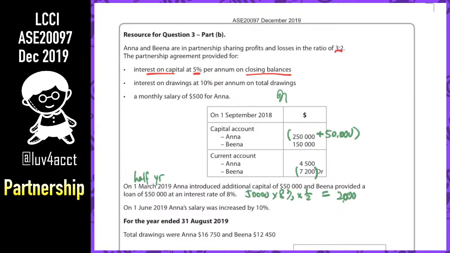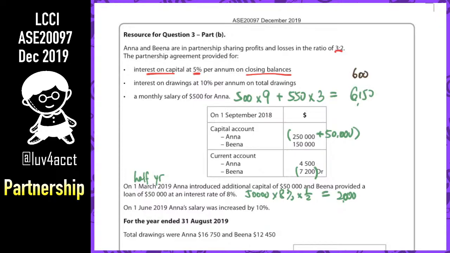Okay, working. 500 multiplied by 9 months and increase by 10%, that is 550, and the remaining 3 months. So 550 multiplied by 3 plus 4,500, that is 6,150, or I can do something like that.